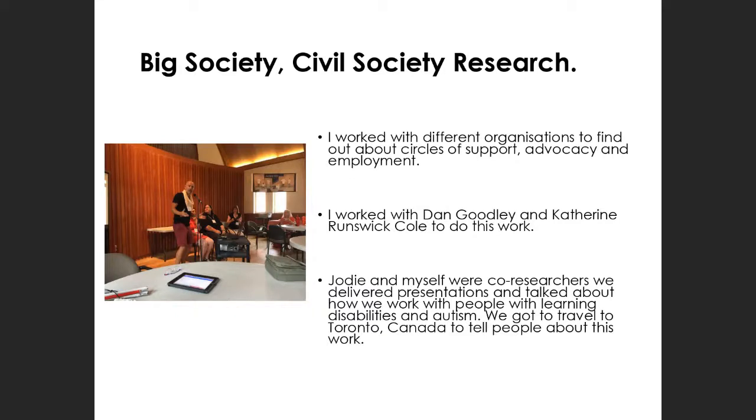I worked with different organisations to find out about circles of support, advocacy and employment. I worked with Dan, Douglin and Catherine to do this work. Jodie and myself were co-researchers.